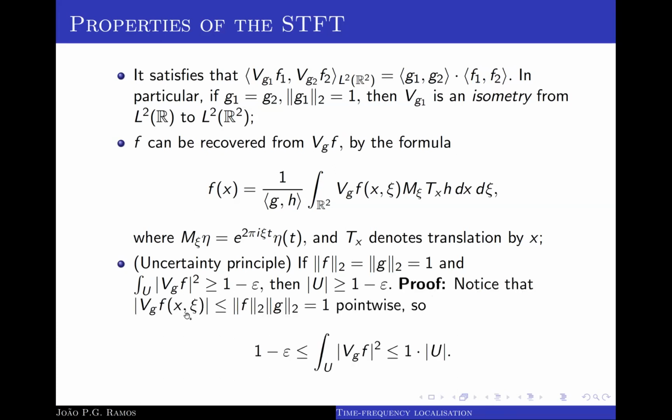All we have to do is notice that from the definition of the short time Fourier transform, this inequality holds pointwise: |V_g f| is less than the L2 norm of f times the L2 norm of g, which is 1 by assumption. So this inequality follows just by passing the absolute value inside, if you wish.